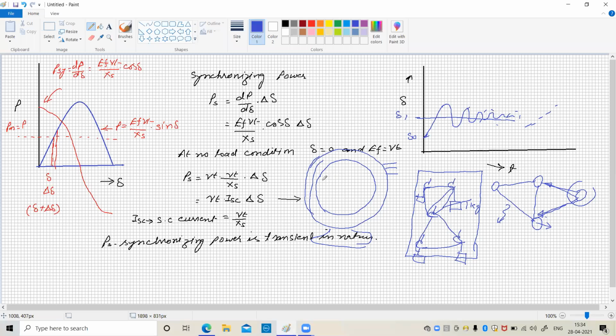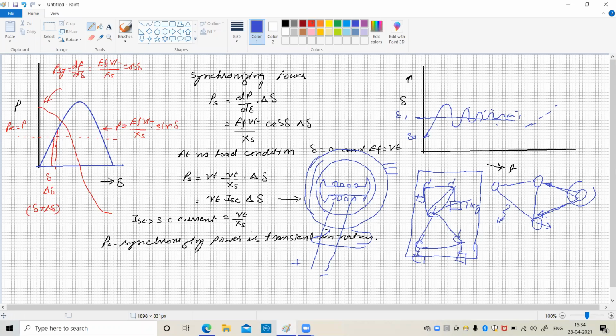For simplicity, we will consider a salient pole rotor. In the salient pole rotor, this is the DC winding or field winding, which is connected to the DC supply, we have already discussed.